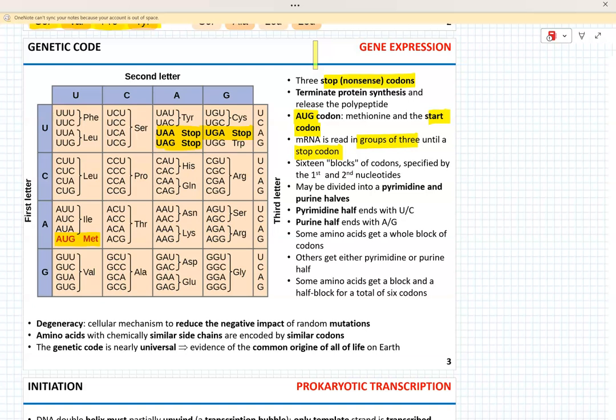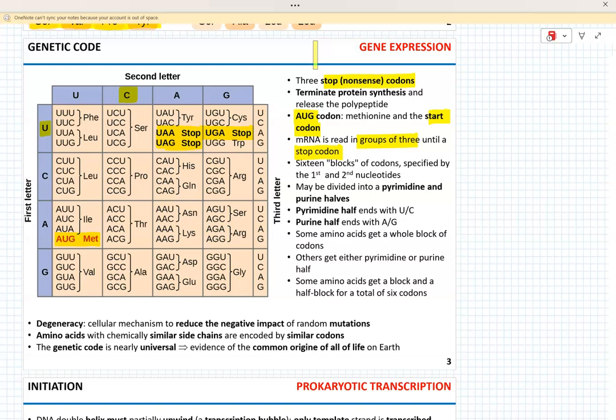translation ends. In this illustration on the left, you can see that all codons form 16 blocks. These blocks are specified by the first and second nucleotide. Each block can be further divided into a pyrimidine and a purine half.